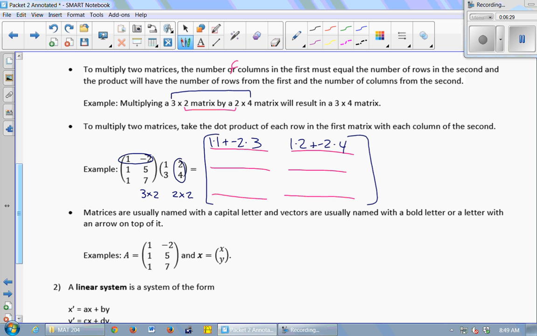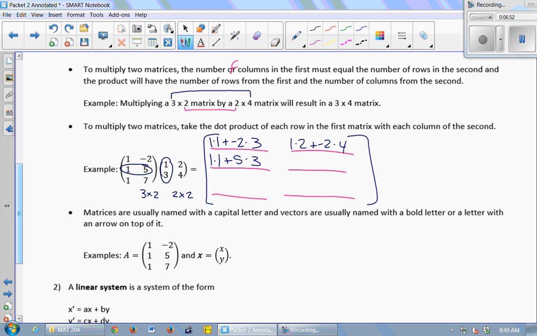To do second row, first column of the answer, take the second row and the first column from the two factors. Dot product 1 times 1 plus 5 times 3. Do you kind of get the pattern? Okay.